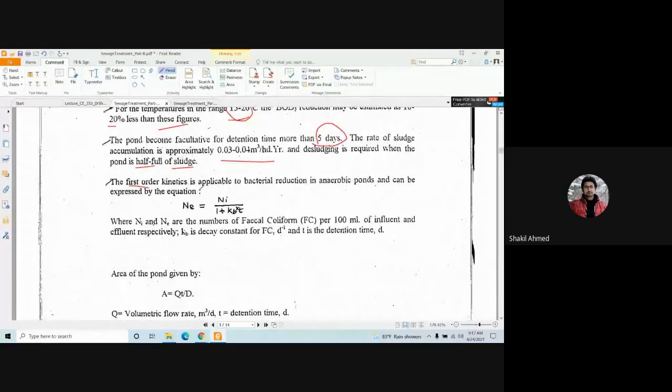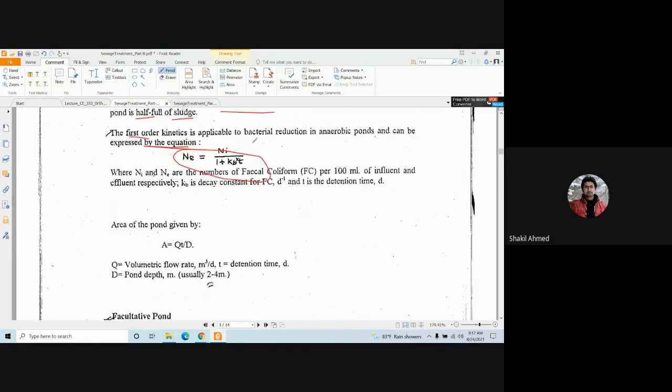The first order kinetics is applicable to bacterial reduction in anaerobic pond and can be expressed by this equation. I'll come back here. What is this Ne, guys? I already told you that this is Li and this is Le. Initial BOD, and this is the effluent BOD, right? Similarly, I talk about the microorganism.